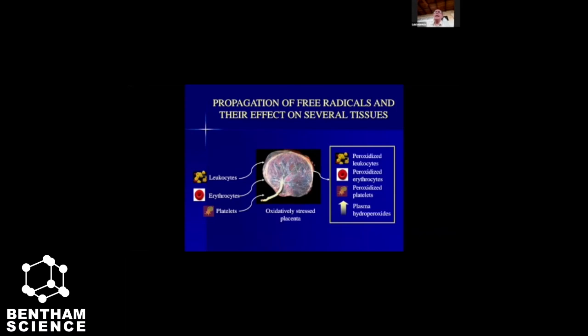Okay, the free radicals can propagate when the blood cells pass through the oxidatively stressed placenta, and they become peroxidized, and they take hydroperoxides to distal sites, propagating the damage to several tissues of the pregnant women. This is very important.